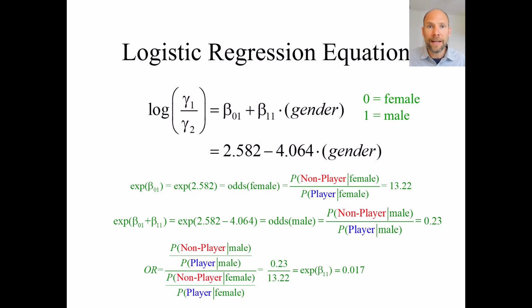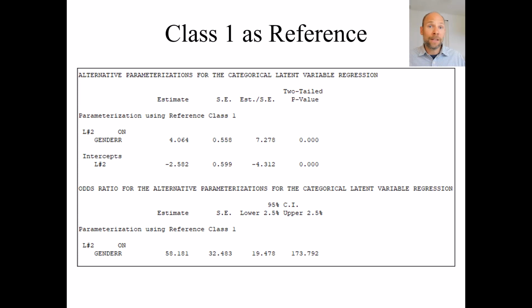So let's look at that as well. And it's one very nice feature of Mplus that Mplus provides the results for different reference classes. So when you have a model with multiple classes, Mplus will give you the results for all classes as reference. And that helps because some reference classes are more interpretable than others.